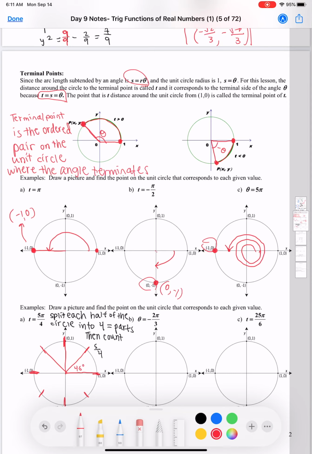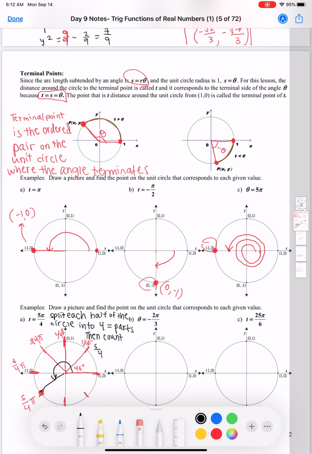So right here, that's 1 over 4, 2 over 4, 3 over 4, and then we come to a full pi, so that's 4 over 4. And then we have to go one more to get to 5 over 4. And I didn't write pi on all of these. And so we have our spot given right here. Okay, so that means we went all around and stopped right there.